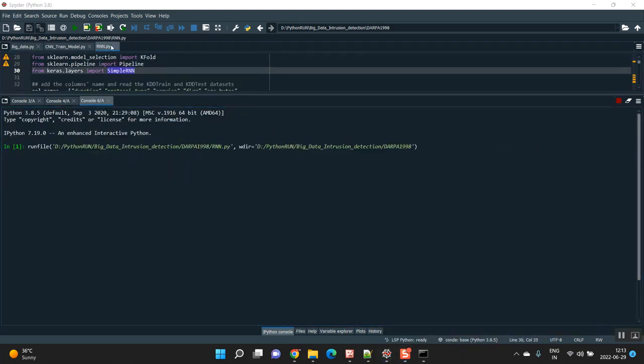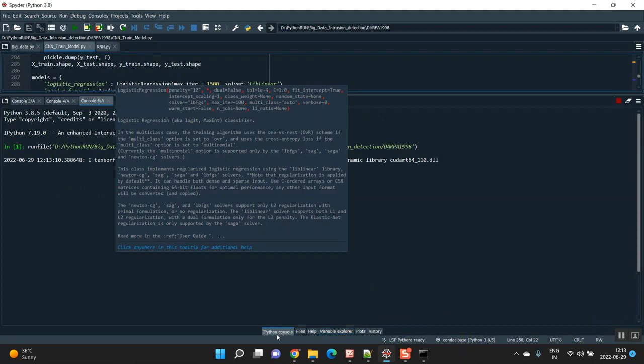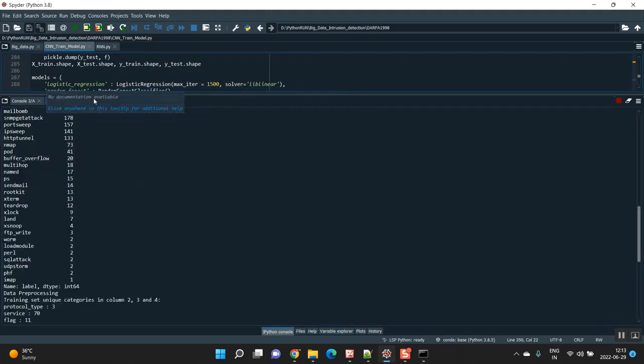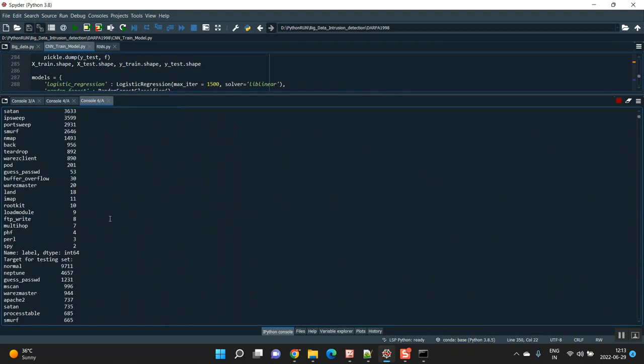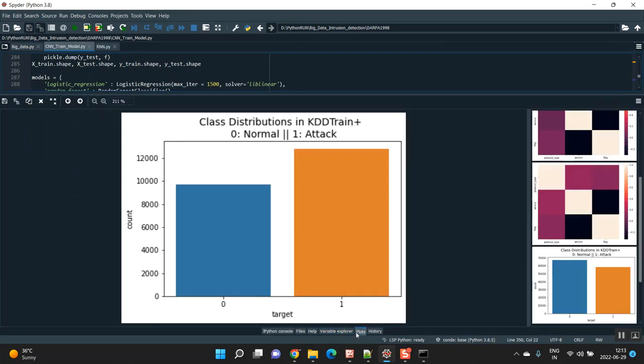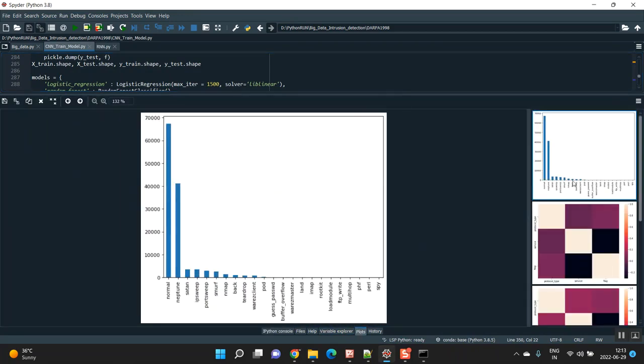Then I started the execution of RNN here. CNN is in process, it's executing. So right now I started the execution of RNN. It shows the data set values and everything, and it provides the plots also based on that.